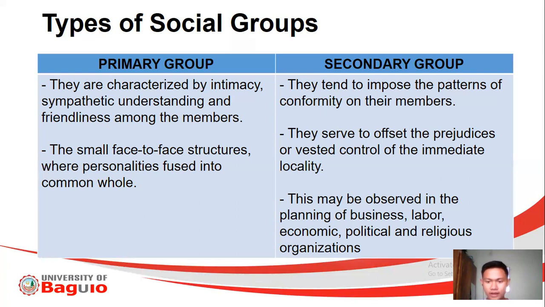So there is a hierarchy. Ibig sabihin may sinusunod tayong tao dahil maybe he was the leader or appointed as the one who will rule in our own society. And last but not least, this may be observed in the planning of business, labor, economic, political, and religious organizations.